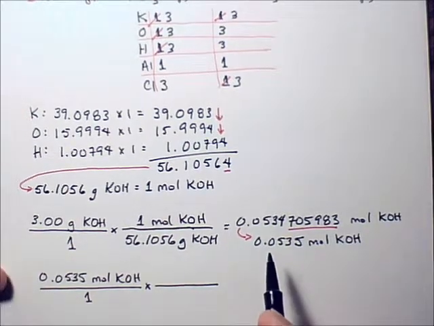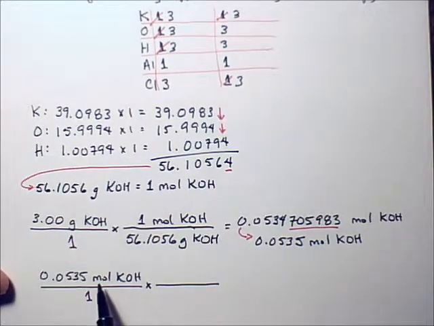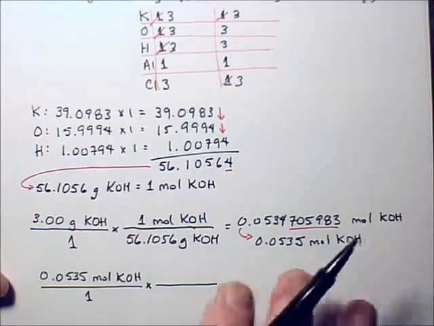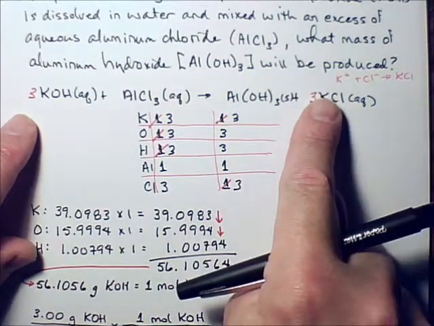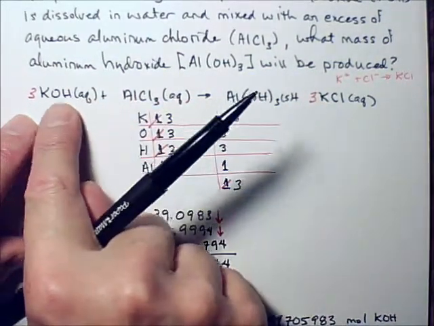Now, to go from moles of one species to moles of the other, this is what we learned to do yesterday. Moles of one species to moles of another, we have to have a molar ratio. And where do molar ratios come from? Balanced equations. Coefficients.